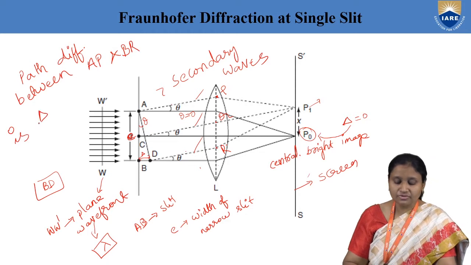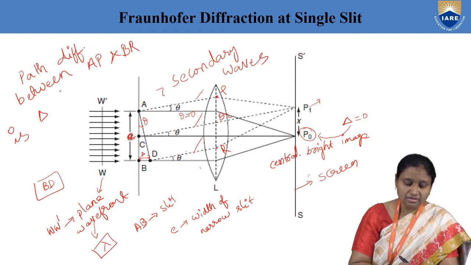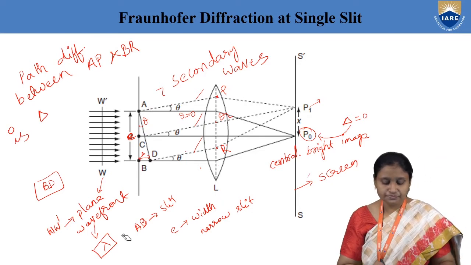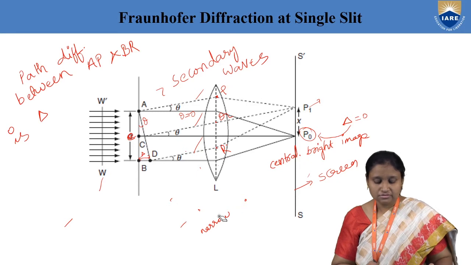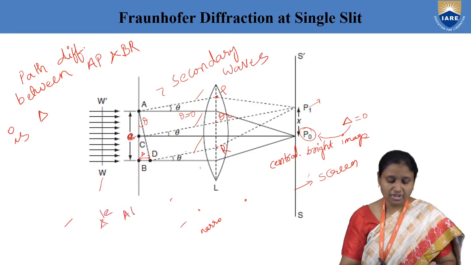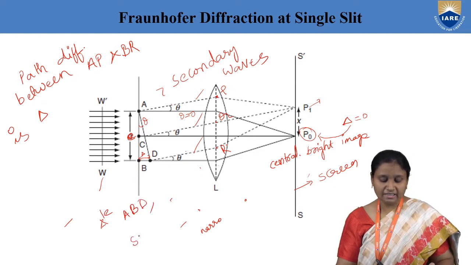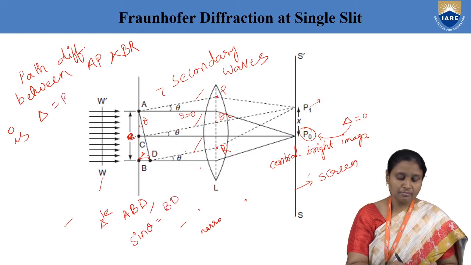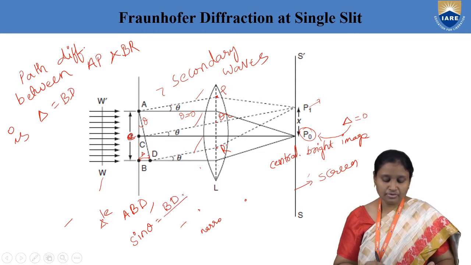For that I have to take triangle ABD. If I take triangle ABD, then sine theta is the opposite side, which is BD. So here path difference is our BD, divided by the hypotenuse. What is our hypotenuse?